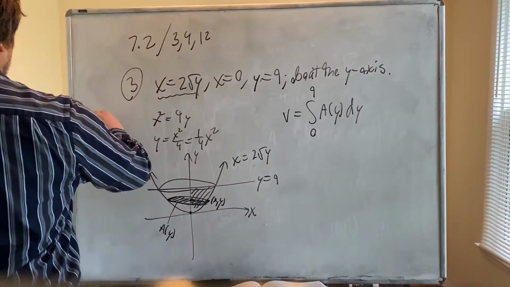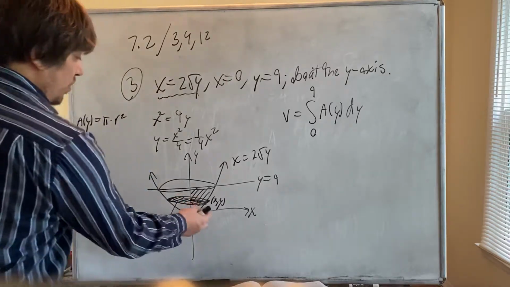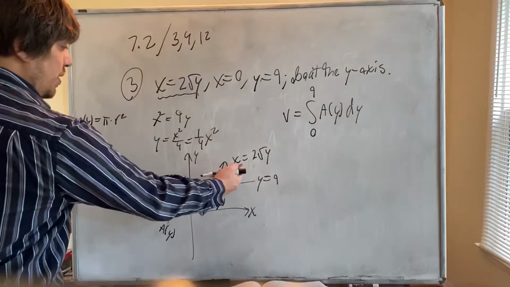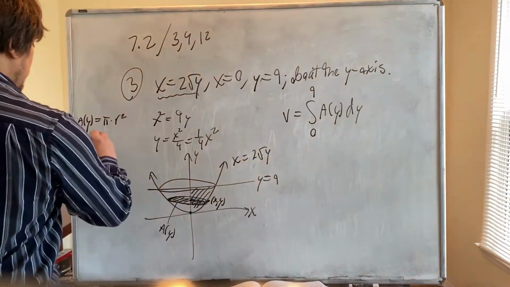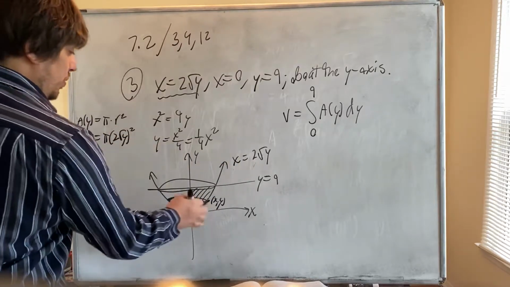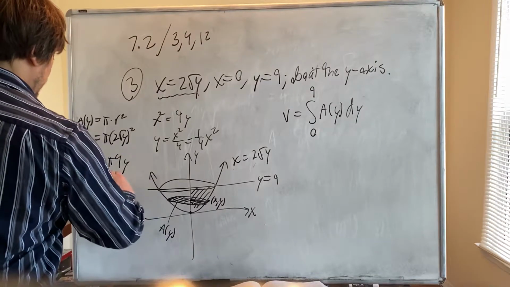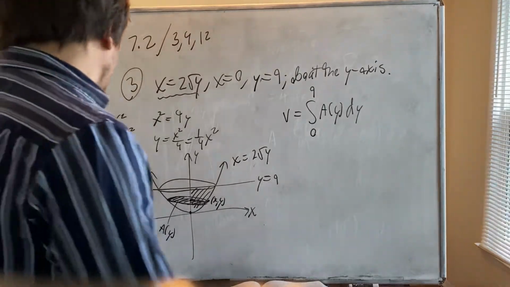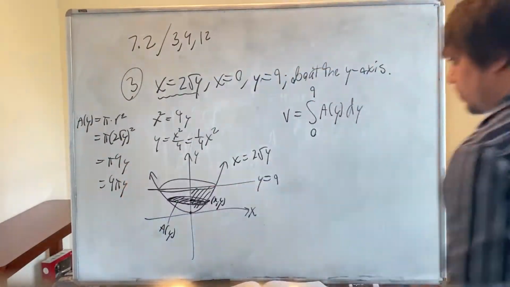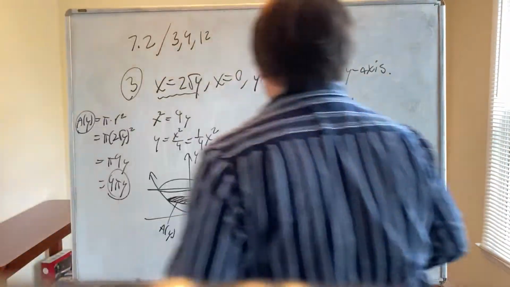A of y is pi times r squared, where r is the radius of the washer, the x coordinate of this point, which is 2 root y. So this is pi times 2 root y squared. You square 2 root y, it's 2 squared times root y squared, that's 4y. So A of y is 4 pi y.